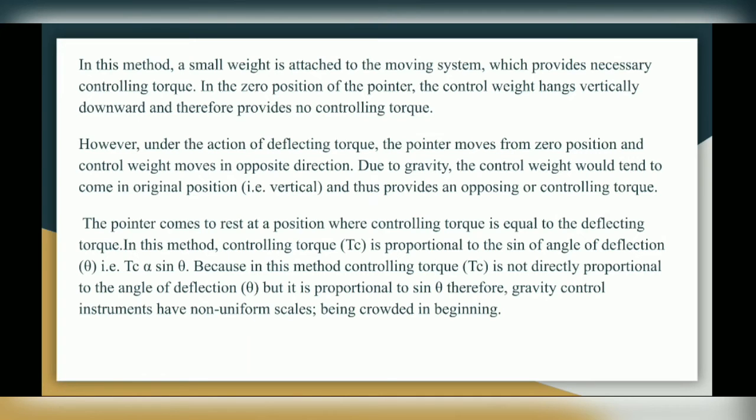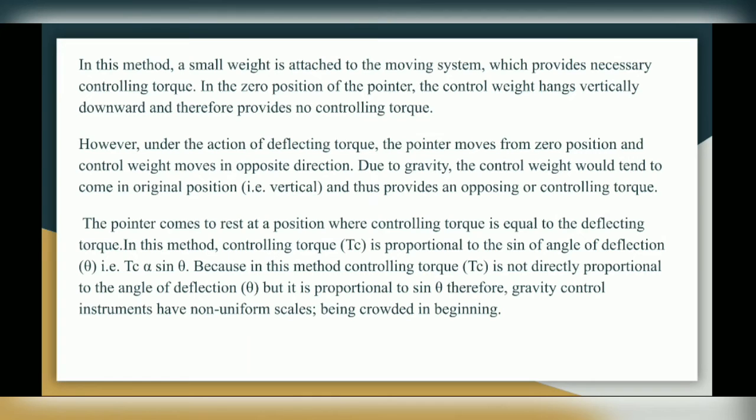In this method, the controlling torque is proportional to the sine of the angle of deflection, that is Tc directly proportional to sine theta, because it is not directly proportional to the angle of deflection, but to sine theta.